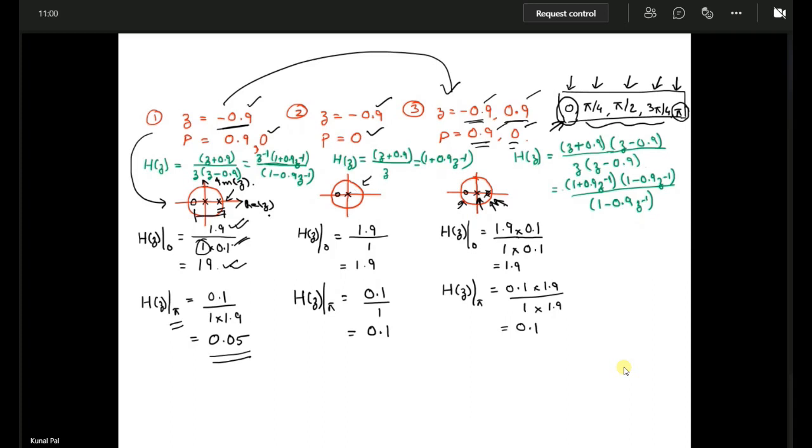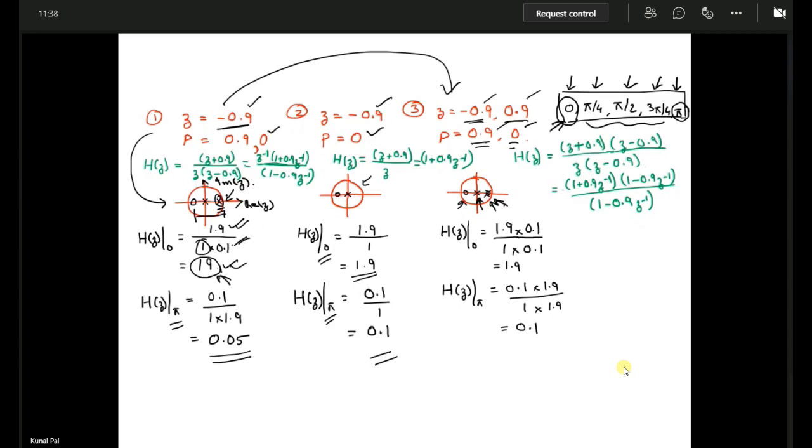In the second case, if you follow the same path, at DC frequency we have 1.9, okay, and at pi we have 0.1. Now, what is the difference between case 1 and case 2? In case 1, you have a pole which is very close to the DC frequency, and hence the gain at the DC frequency is much higher.